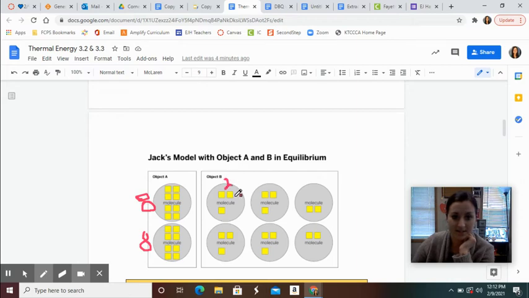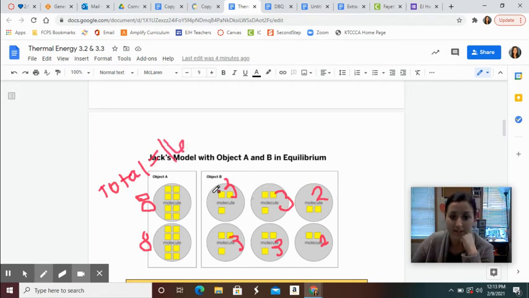This one has 3, 3, 2, 2, 3, 3. So I can see that there's a total of 16 over here. And over here, 3 plus 3 plus 2. So it looks like my total is 16 over here.